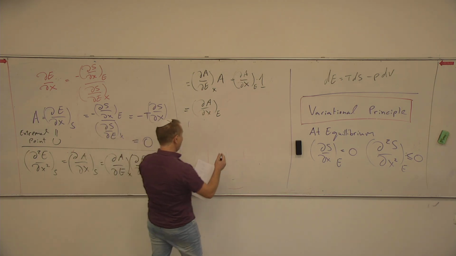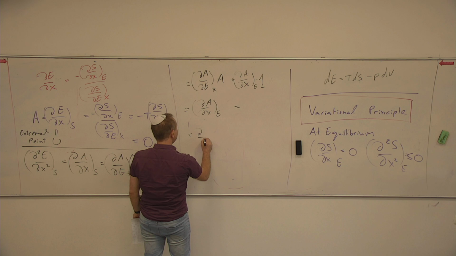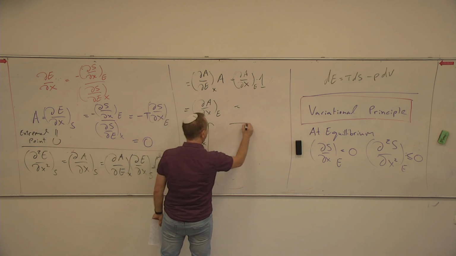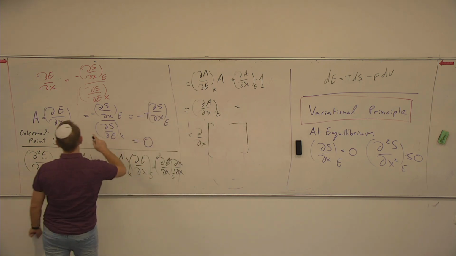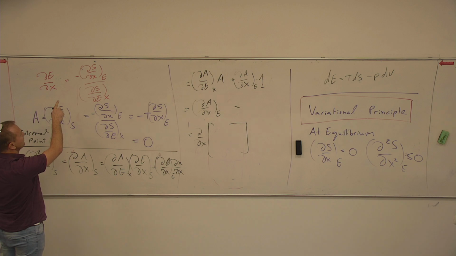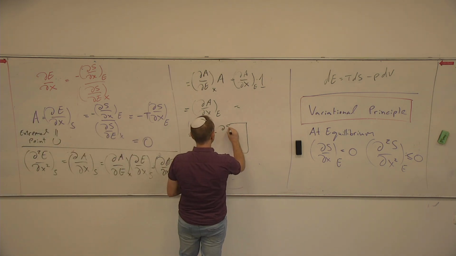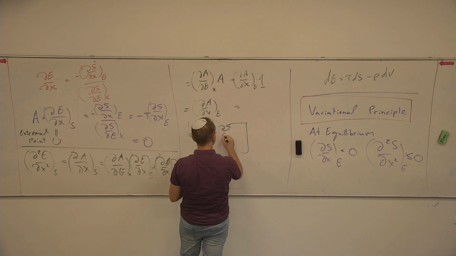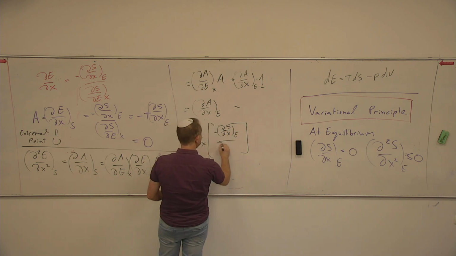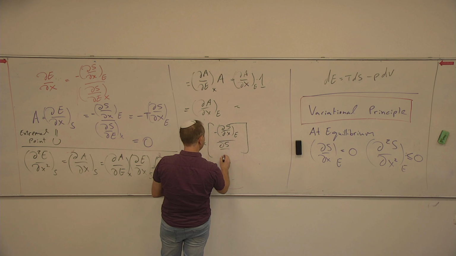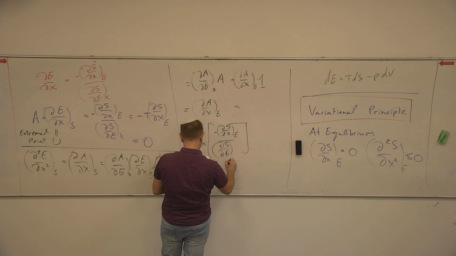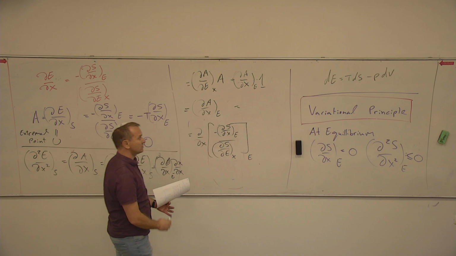So what I'm doing is simply d/dx of this large structure that I have inside. It is minus dS/dx at constant E divided by dS/dE at x, and all of this for constant energy E.